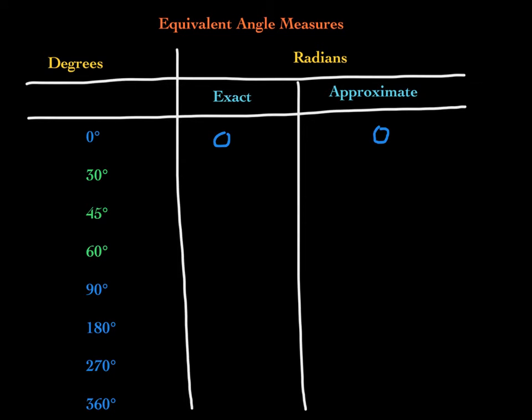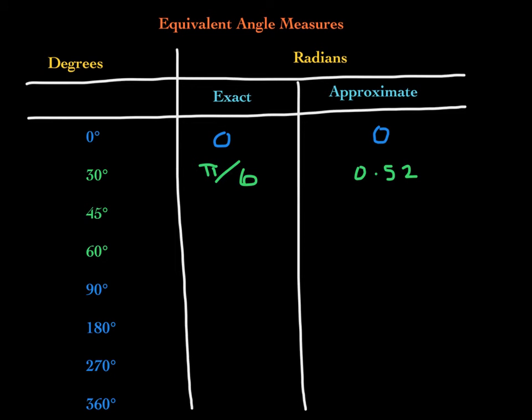If you convert 30 degrees to radian measure, this is very important, everybody, that you get this equivalence. 30 degrees is equivalent to pi over 6. Now the approximate radian measure there is 0.52 radians. So it's very important that you understand that 30 degrees is approximately equal to half of a radian.